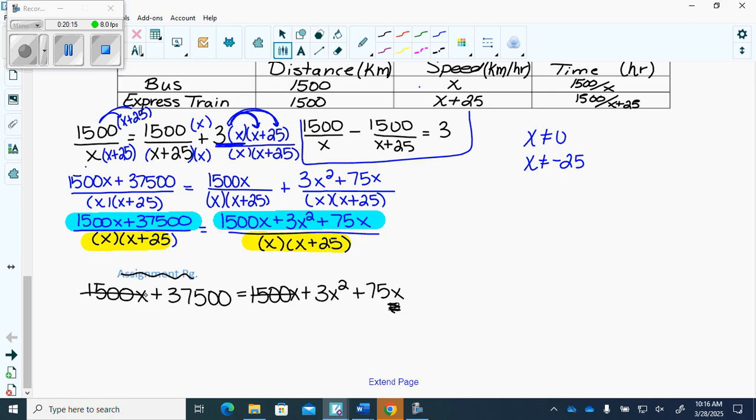When you have a positive one on each side, you could subtract it off, right? Then whenever you have an x squared, you have to get it equal to 0, and then either factor or use the quadratic formula. So we're going to subtract the 37,500 over. And you get 0 equals 3x squared plus 75x minus 37,500.